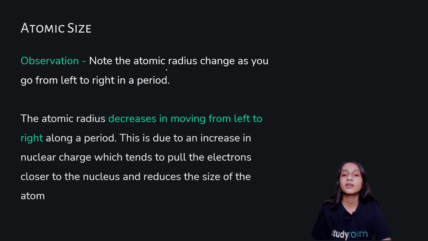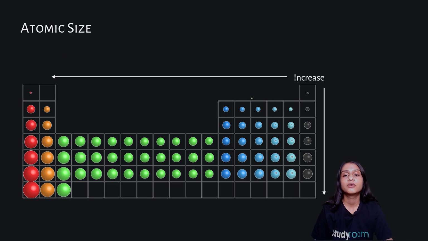So note the atomic radius change as you go from left to right in a period. Okay. Whereas here you come and you will see that there is not much inter-force that is dragging them. Okay, I just said wrong.